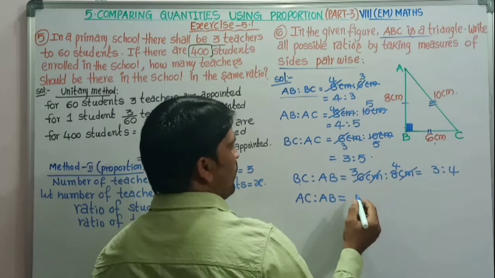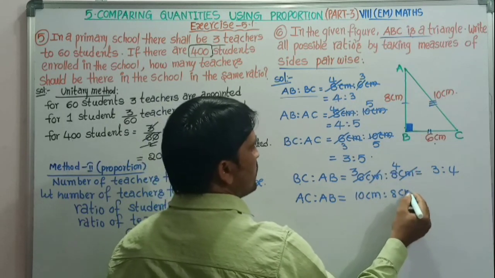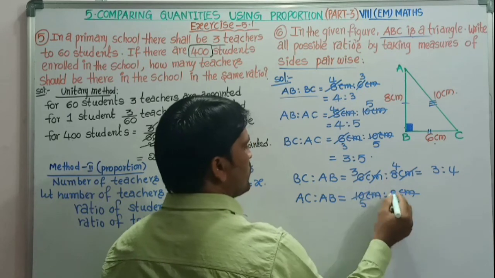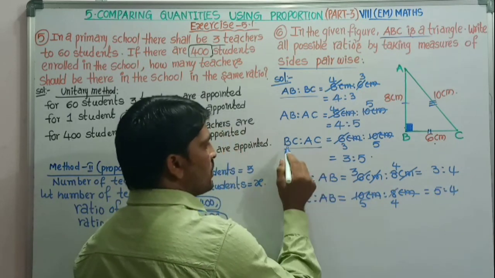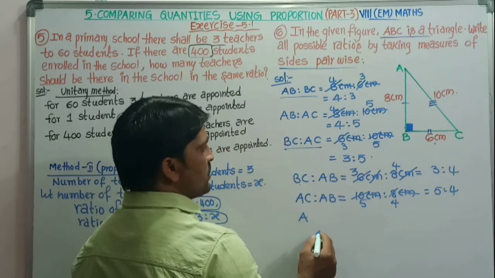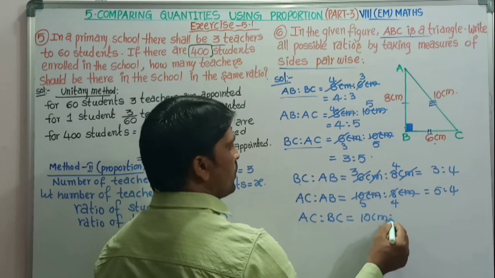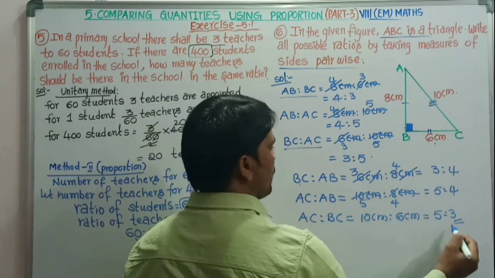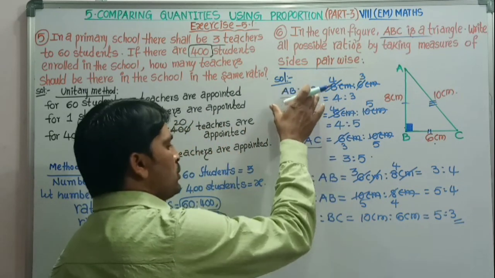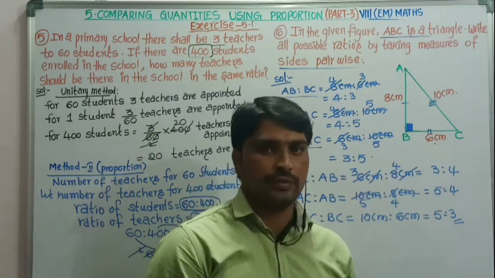AC is 10 centimeter, AB is 8 centimeter, that is 5:4. Similarly, consider the inverse ratio of BC is to AC, that is AC is to BC. AC is 10 centimeter, BC is 6 centimeter, which is equal to 5:3. These are the possible ratios of sides pairwise in triangle ABC.